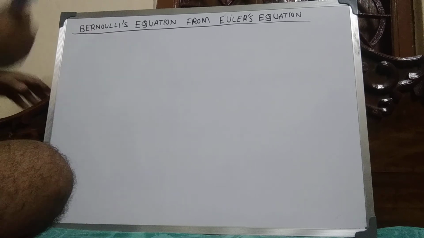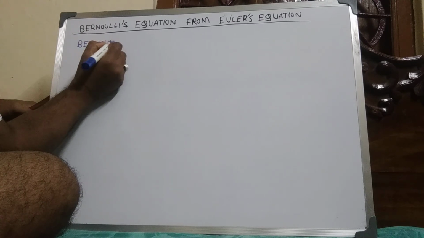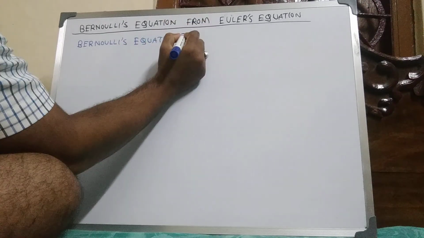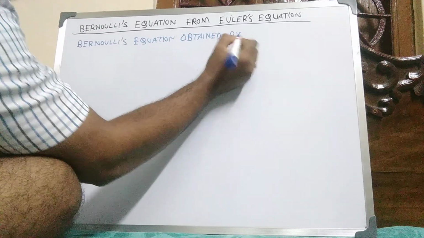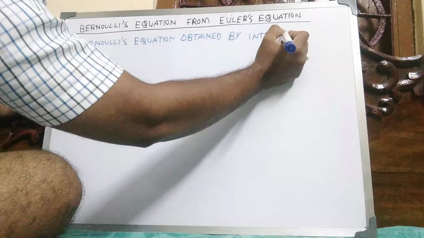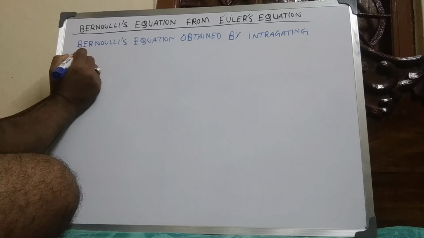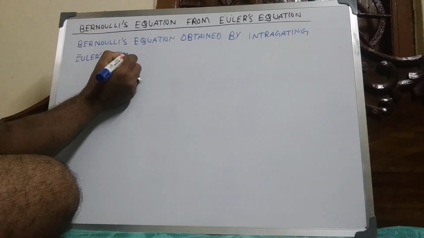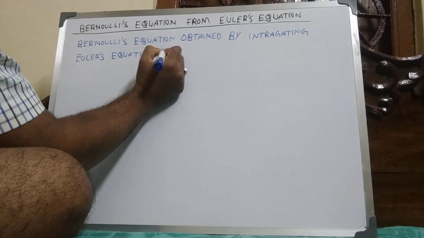Now the Bernoulli equation is obtained by integrating Euler's equation of motion.